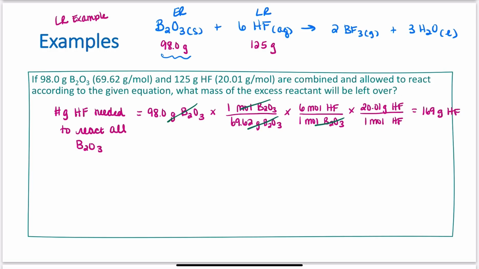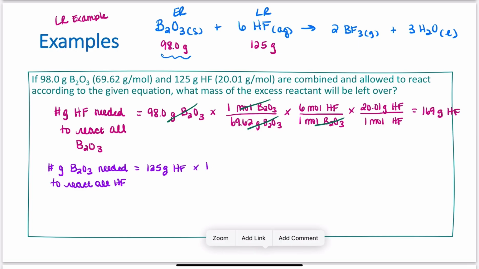I'm going to basically do the calculation I just did, but in the opposite direction. I'm going to say, how many grams of B2O3 are needed to react all of my HF? I have 125 grams of HF, 1 mole of HF weighs 20.01 grams.